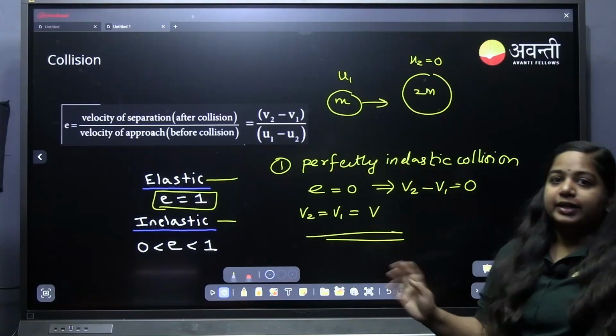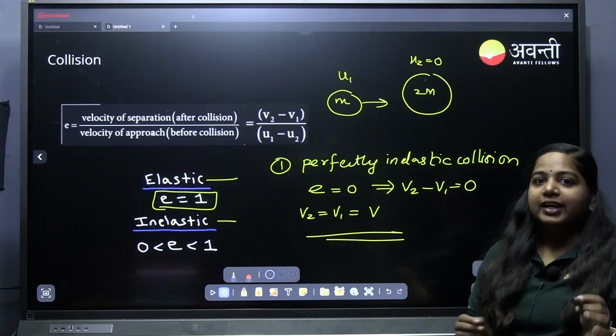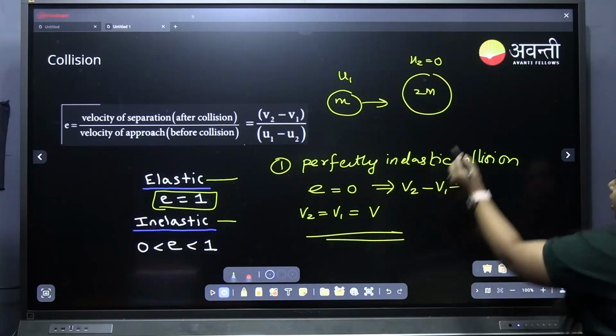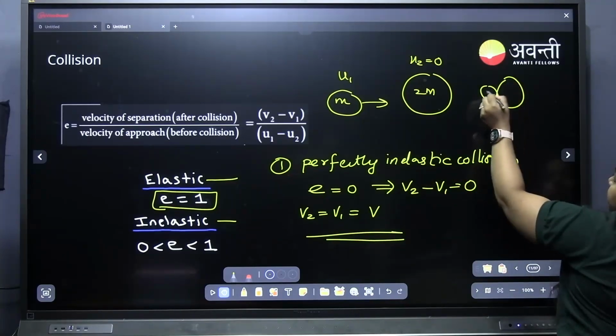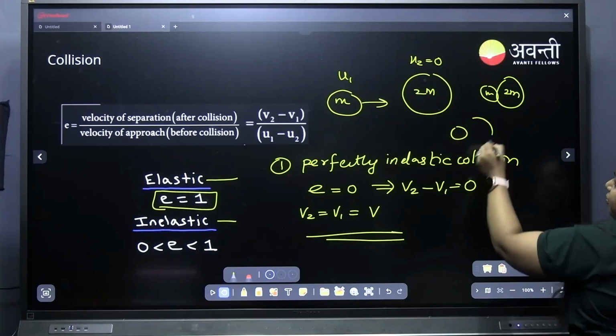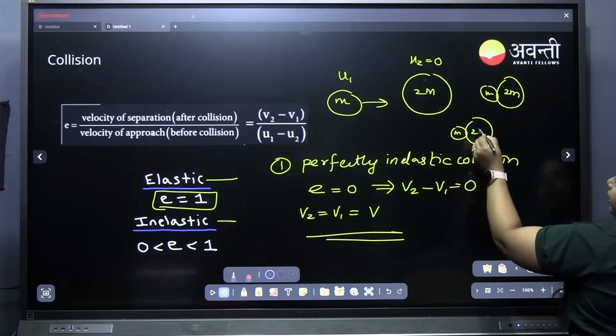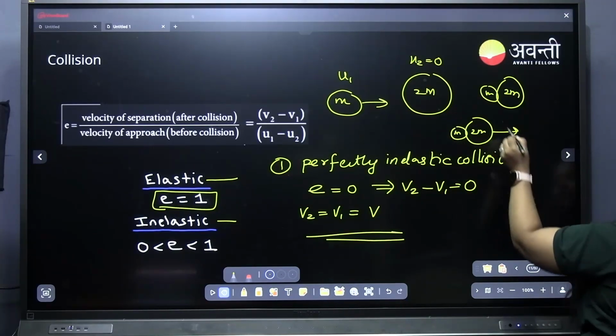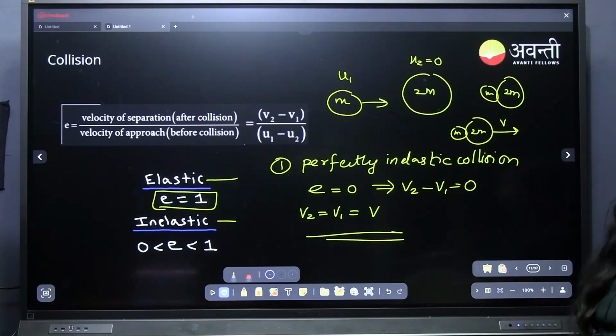It is said that it will be a perfectly inelastic collision. Then they will collide, M and 2M. After this collision, both will move with the same velocity v.